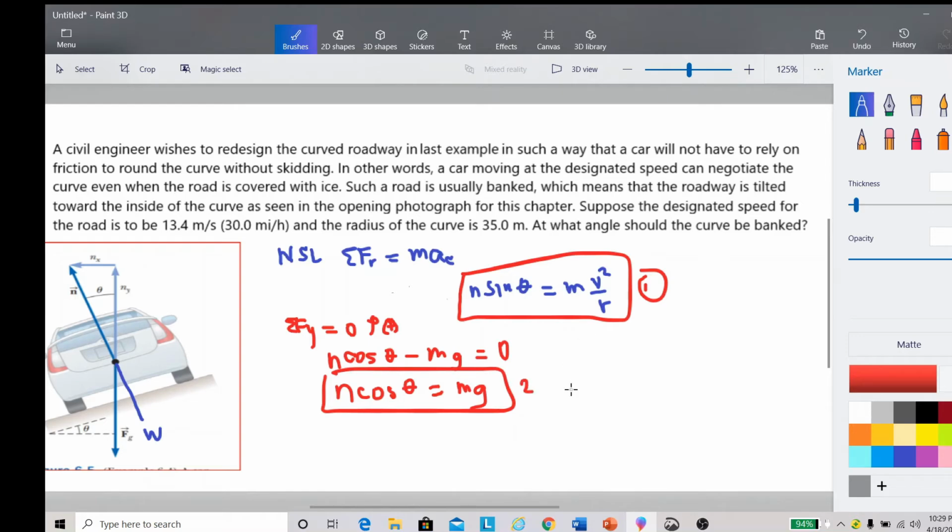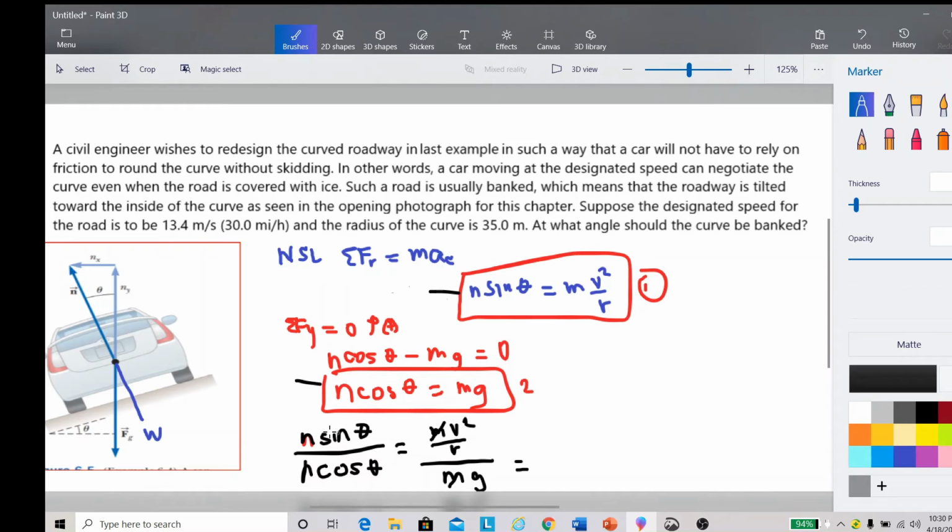If we apply our knowledge in trigonometry, 1 divided by 2 will give us n sine theta over n cosine theta, which is equal to m v squared over r, divided by mg. So we cancel m.